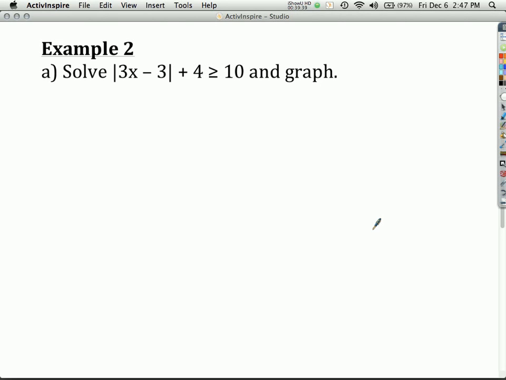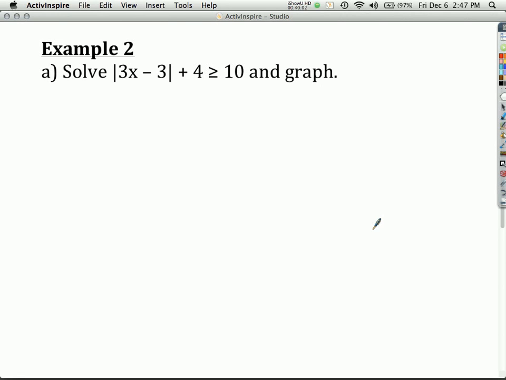So step 1 tells us that we need the absolute value by itself before we can proceed. So that's what we need to do. How do we achieve that goal in this question? Caleb? Do you agree with that, Sharif? Wait, she said, what did she say? I don't know.